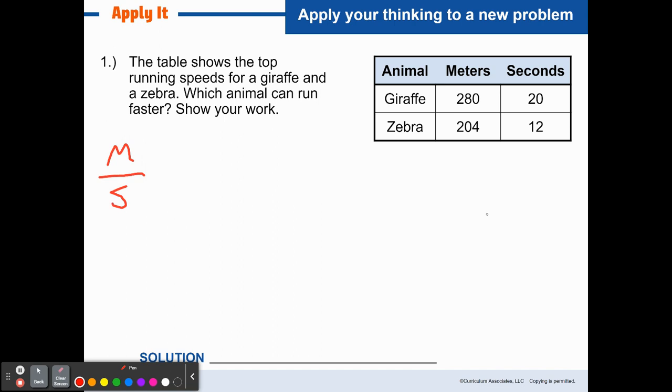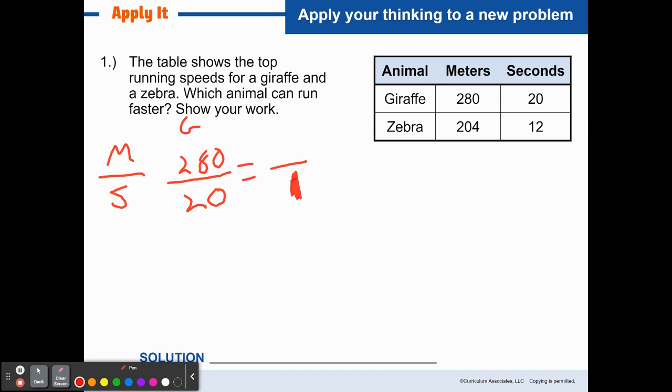All right. So for the giraffe, we have 280 meters for every 20 seconds. Let's see how fast this giraffe is running for every 1 second. To do that, you may already see what we need to do. You may not. This is a 1, by the way.